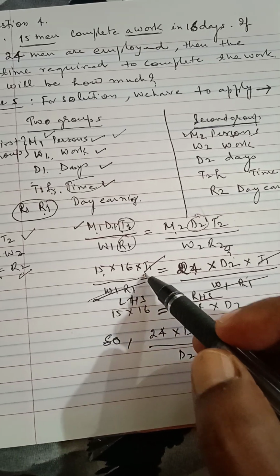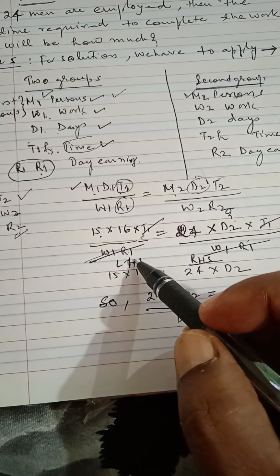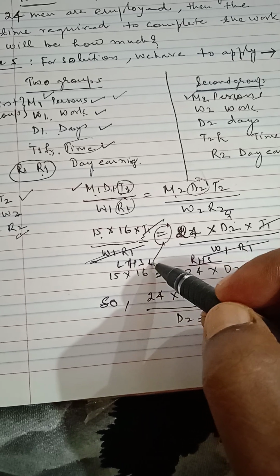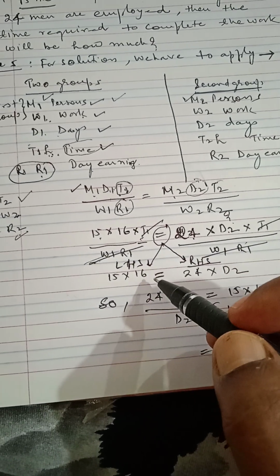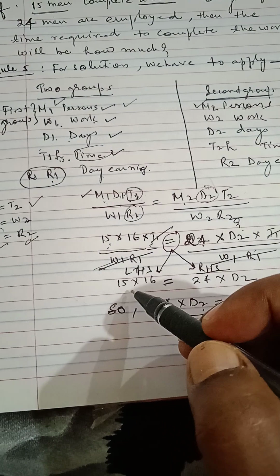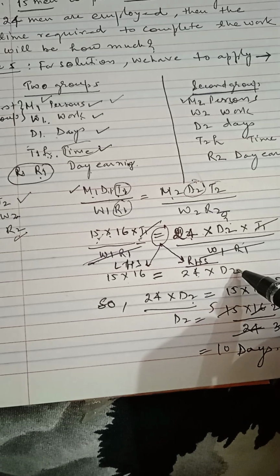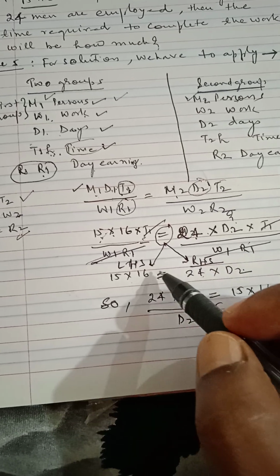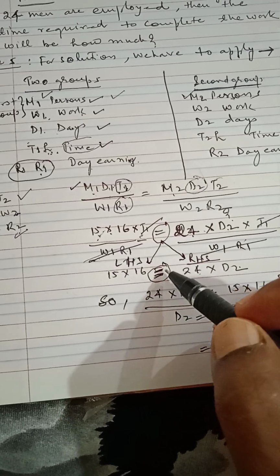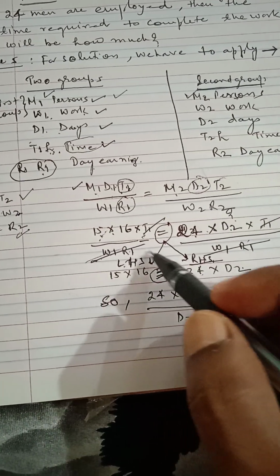Here you see the left hand side and the right hand side of the equal sign. On the left hand side we write 15 into 16, equal to the right hand side 24 into D2. Now we can transfer the RHS to the LHS.